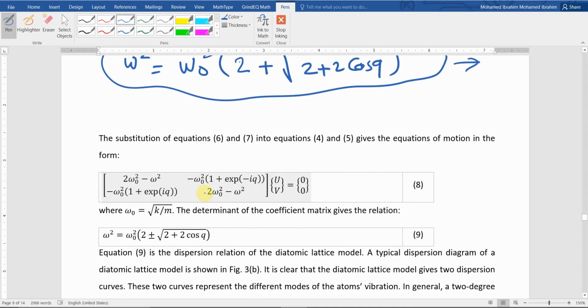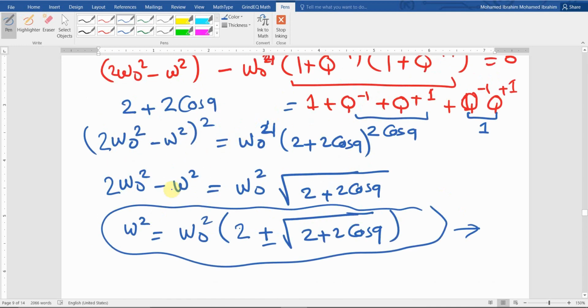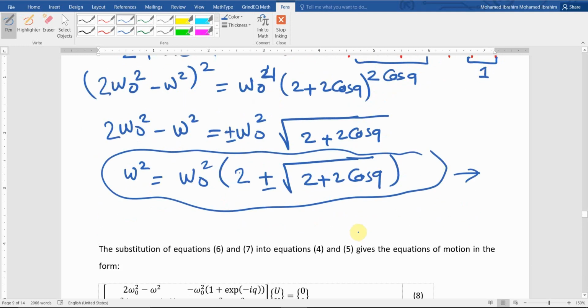This is the equation of motion in matrix form, and after we calculated the determinant of this matrix, we end up with this equation for omega square equals omega 0 square times 2 plus or minus the square root of 2 plus 2 cosine q. There should be a plus and minus here because we already took the root. When you apply the root to both sides, there should be plus or minus here.